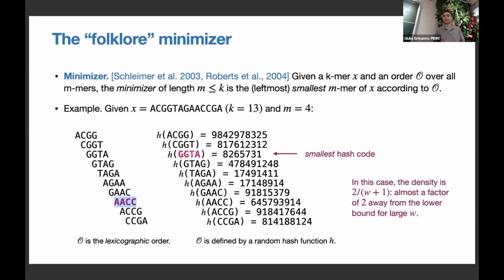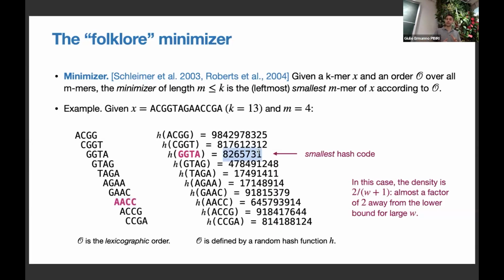So now, as you can see, the order O is defined by this random hash function. So we randomized the order. In this case, it is no more AACC, but GGTA, because it happens to have the smallest hash code.